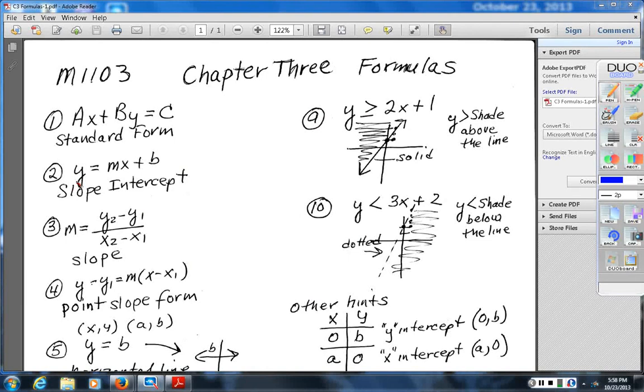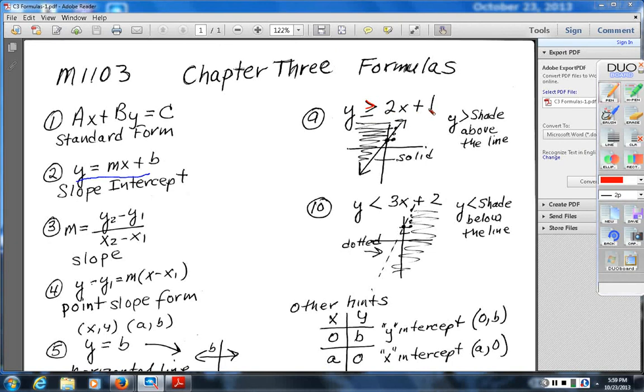So it's in the form of slope-intercept over here. But instead of having just an equal sign, there's an inequality sign right there. So this is red. Y is greater or equal to 2x plus 1.